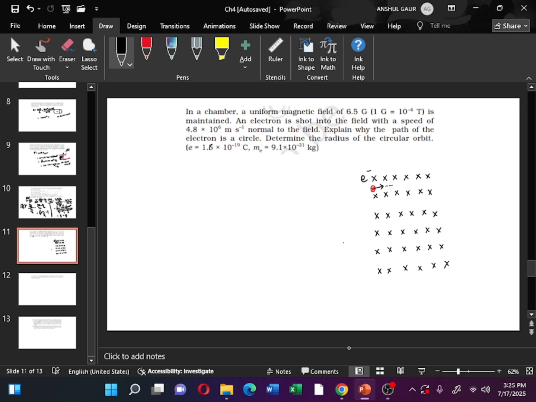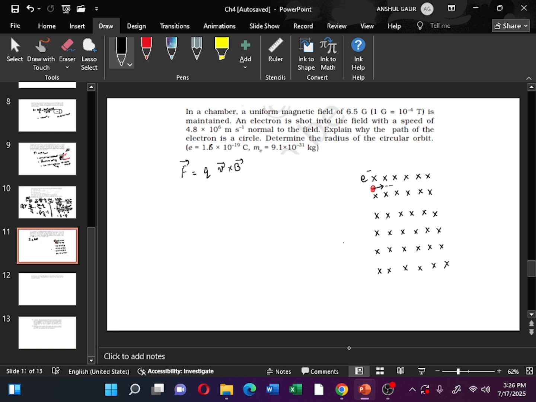Now when the electron enters this region, a force acts on the charge. The equation of the force is F is equal to q v cross B, where q is the charge of the particle, which is the electron in this case, v is the velocity of the electron and B is the magnetic field vector.